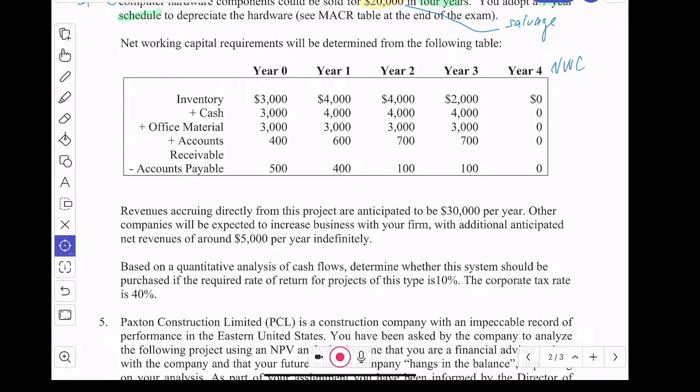Revenues accruing directly from this project are anticipated to be $30,000 per year. So that's incremental revenue. Other companies will be expected to increase business with your firm with additional anticipated net revenue of $5,000 per year indefinitely. What's that?